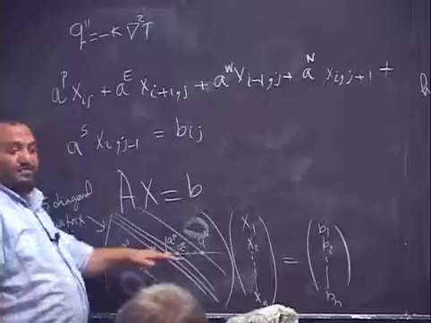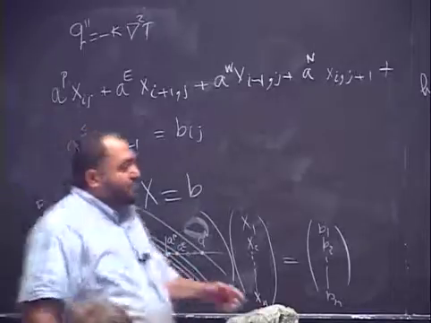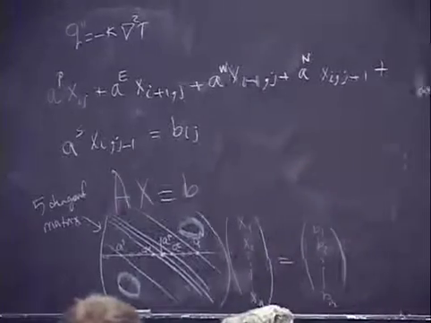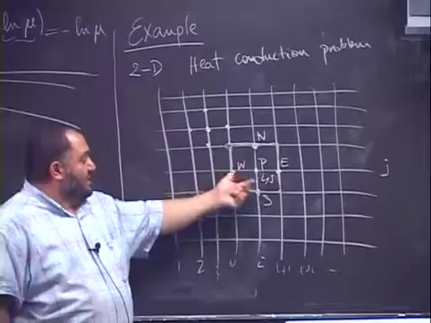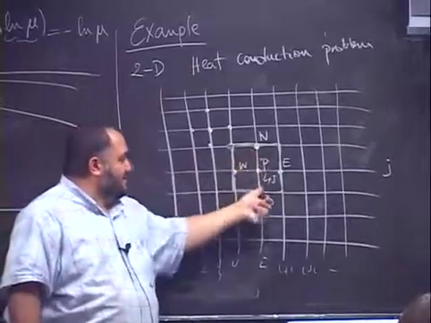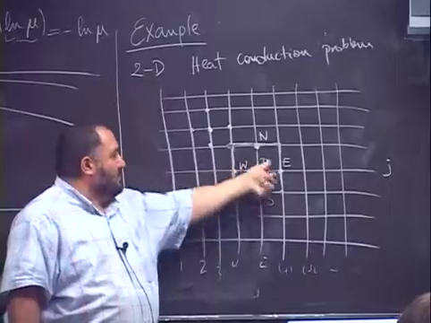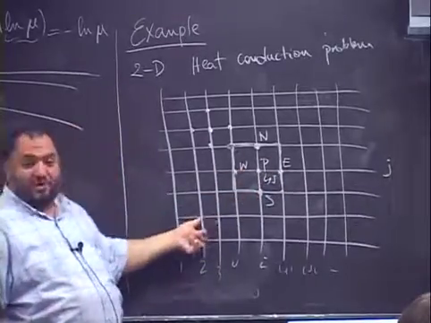So why do we have 5 diagonal and everything else is 0? Because there is no coupling between this point and this point. So this point only will see the coupling between these. So the coupling to this point will come from the 4 nearest points, and there is no coupling from far away points.